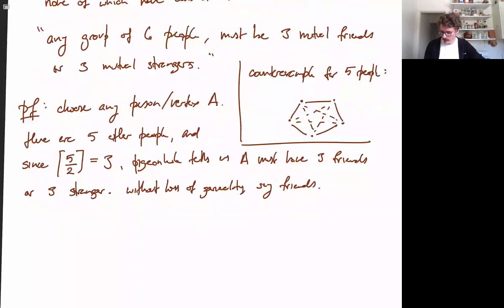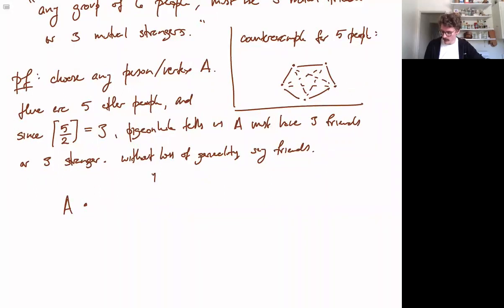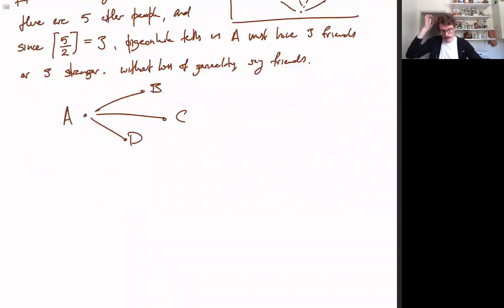So we have our person A, and then we have 3 people B, C, and D, who are all friends with A. Let me draw this a little bit differently. I want C over here. So you have a diagram that looks like this so far.